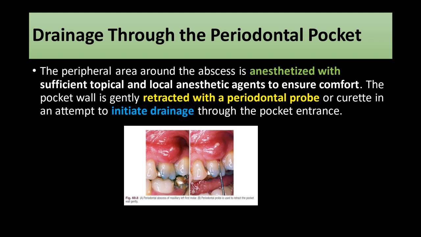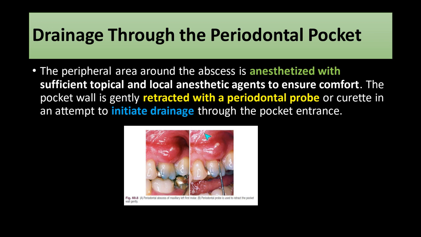Okay. So this is the incision and drainage of the periodontal abscess through the periodontal pocket. The first thing is you anesthetize the area, and then this is how you see the probe here. It is slightly used to retract the gingival sulcus so that the abscess is oozed out to initiate the drainage of the abscess from the pocket entrance.